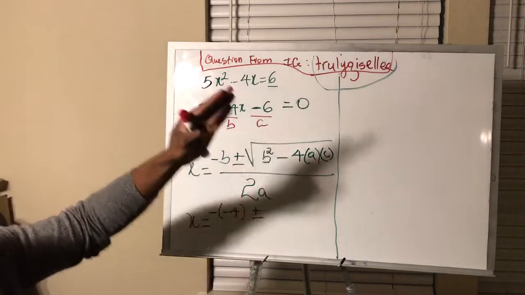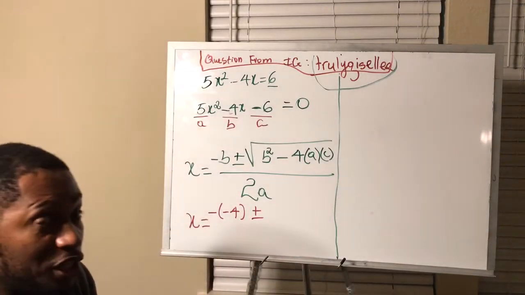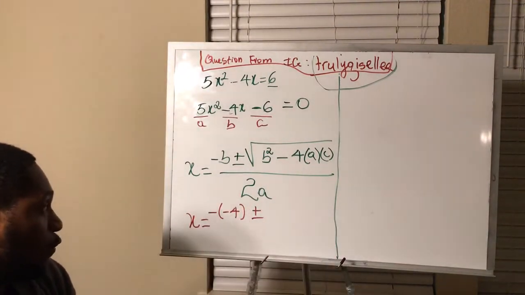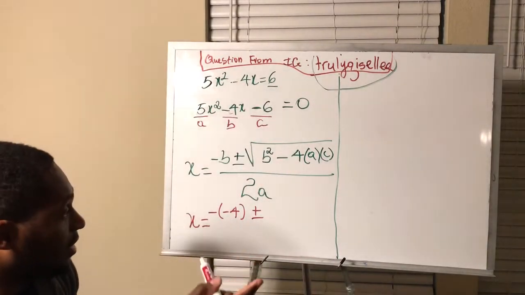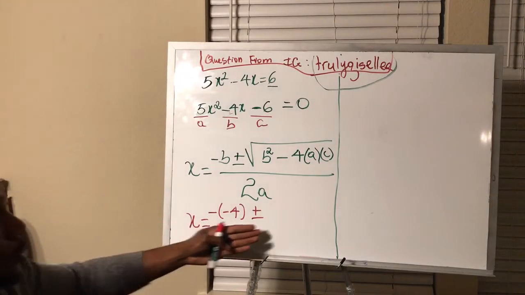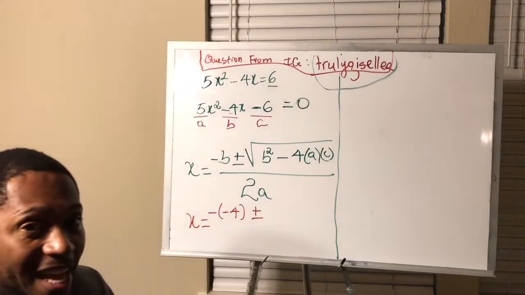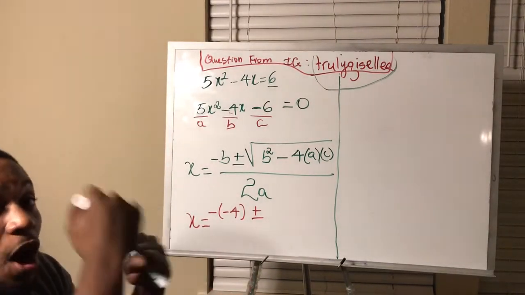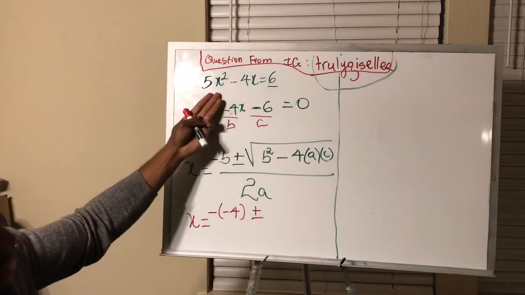If the power was 4th, you can have up to 4 solutions, and so on and so forth. Here, the power is 2nd, so we have 2 solutions. When I break it down, you'll see exactly that there are 2 solutions. Sometimes you can have one, and of course there's an equation that has no solutions, but you can have up to 2 solutions. You can't have 3 because it's the 2nd power.